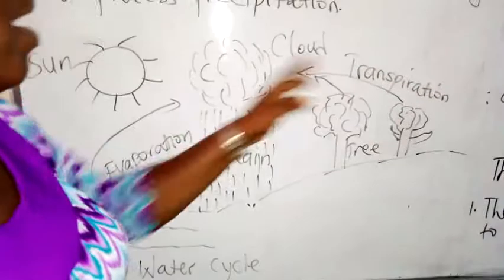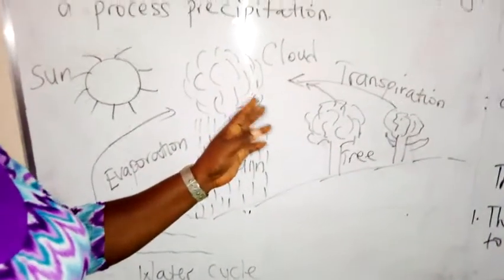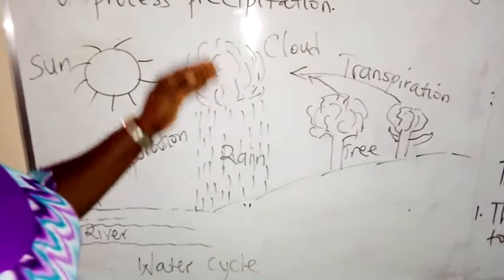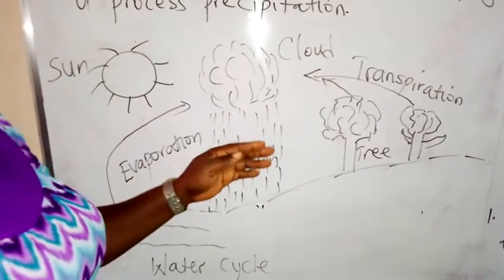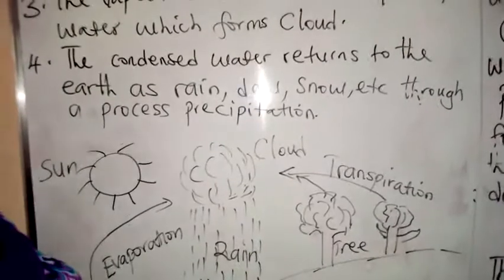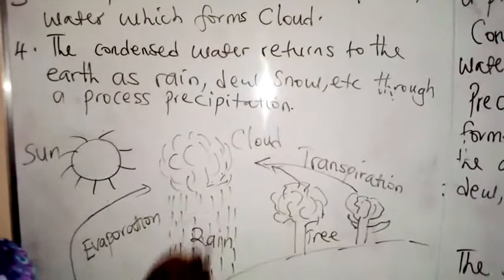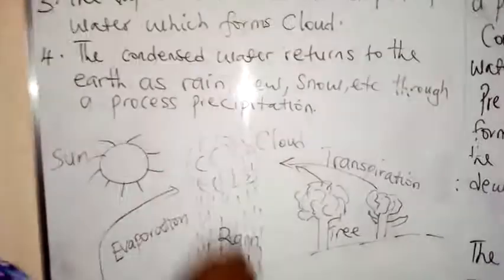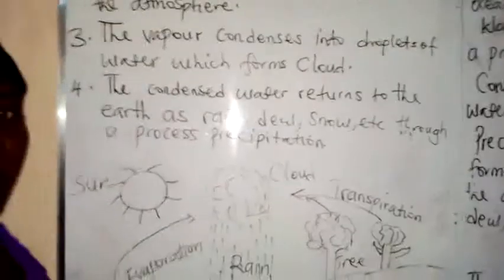Trees also release water into the atmosphere through a process called transpiration. Now this cloud, which is the droplet of water vapor that has condensed, finally comes back to us on earth as rain. So you can see the rain falling. The process continues. That is why it is called continuous movement of water from the earth into the atmosphere.